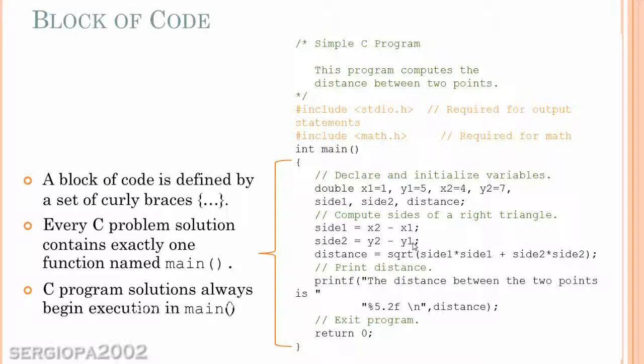So when you see the word main with the parentheses, you know that's the main function of a C program, and you know that it's where the C program is going to start, or where the actual code is going to start. The rest is really preparation, what is before the main function. And C programs always begin execution in the main function.